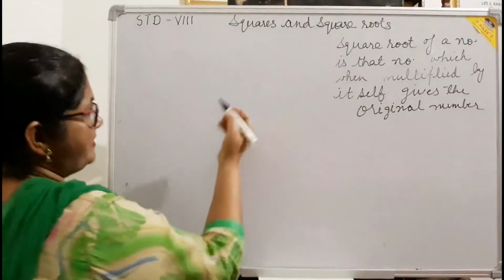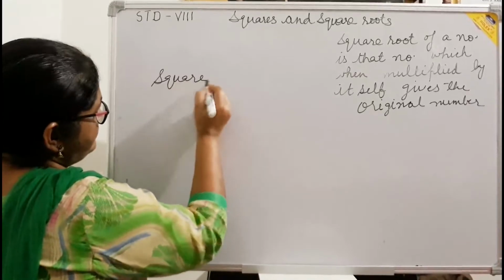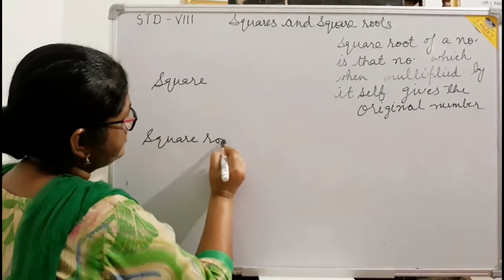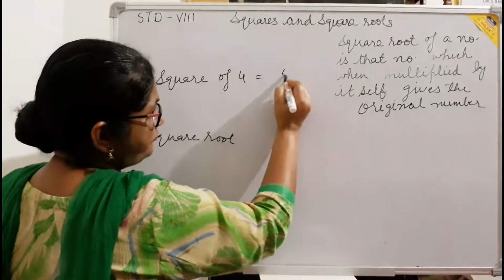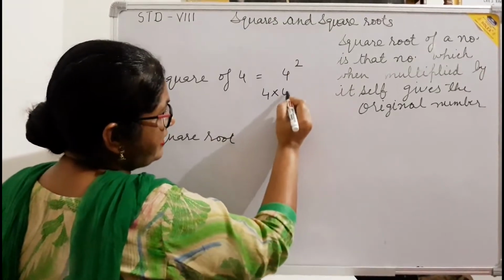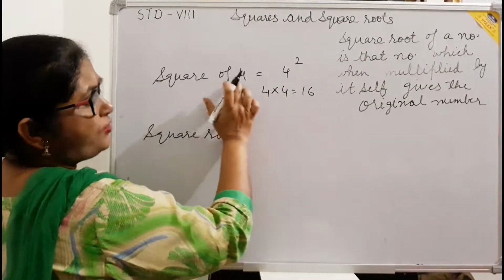For example, square of 4 means 4 raised to power 2. 4 fours are 16. 16 is the square of 4.